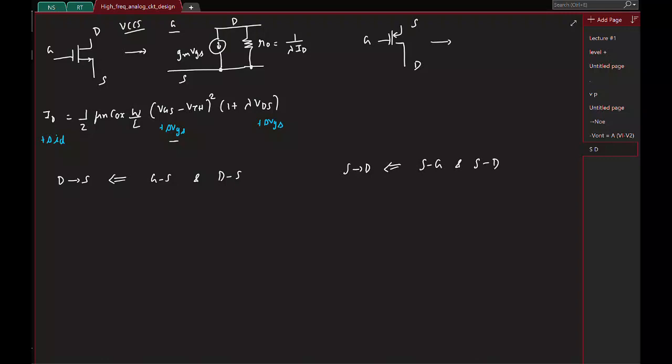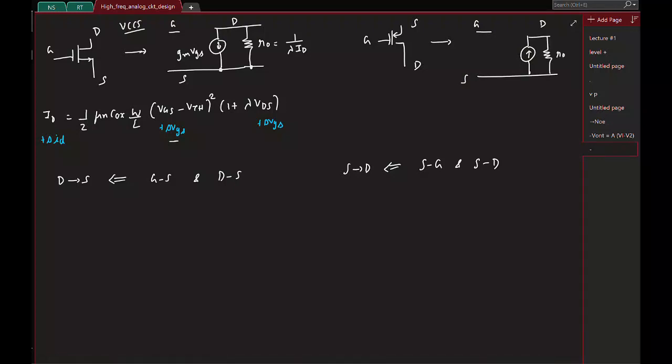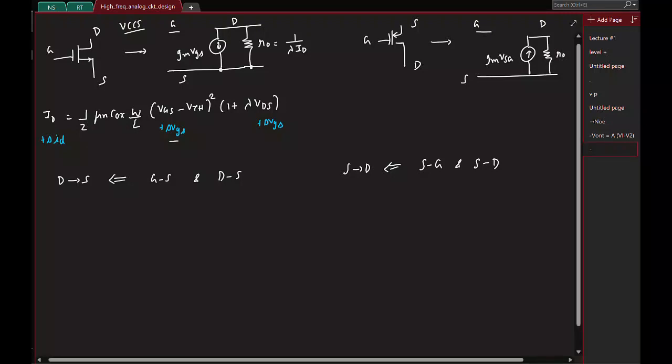So again, if I were to draw the incremental linear model, this will be gate, drain and source. You will have an incremental current flowing from source to drain, and the magnitude of the current is Gm times VSG, right?